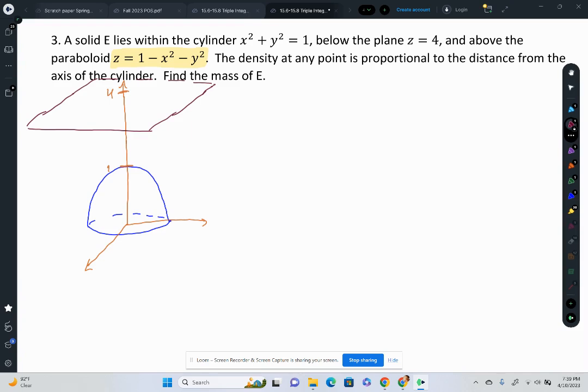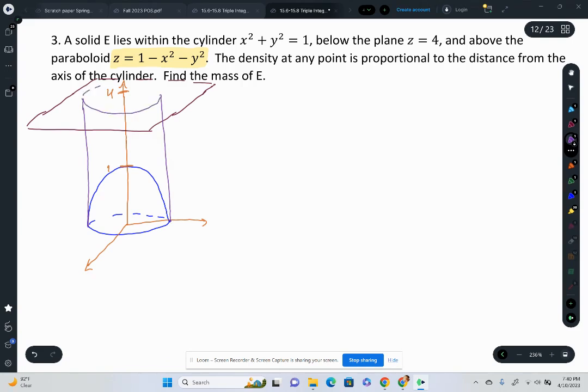Now what we have is a cylinder, okay? It is just as big as the paraboloid because it's a unit cylinder, and the paraboloid at the xy plane is also a unit. Okay, this is about as good as I can get, which I hope is good enough.